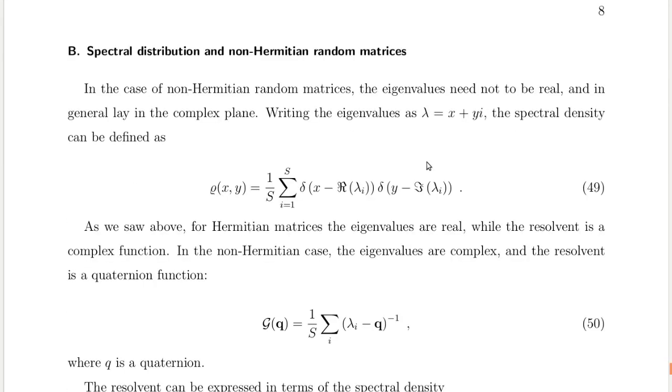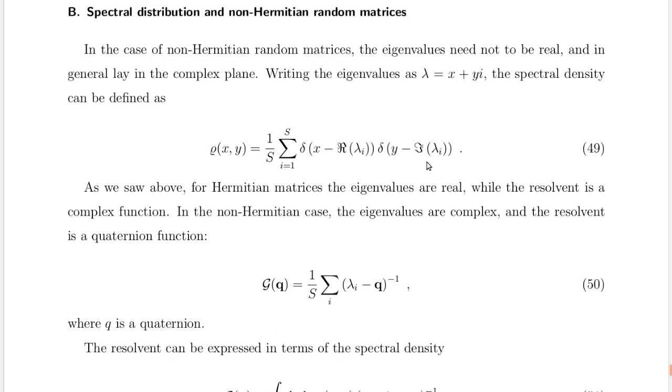So the non-Hermitian quaternion resolvent is just the same function that we derived earlier, but instead of having real eigenvalues, we have complex eigenvalues, and instead of having complex numbers as an argument, we have quaternions.